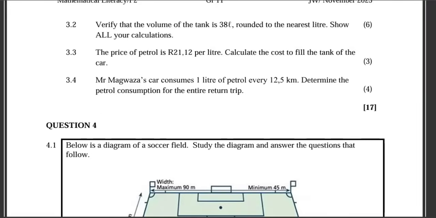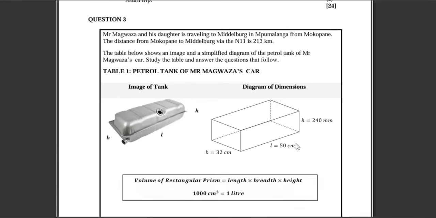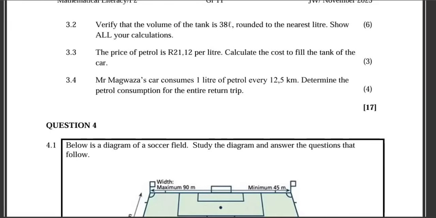So remember, when you look at the tank here, these are millimeters. Everything has to be in the same units, in centimeters. So when you divide this by 10, we end up having our height as 24 centimeters. Perfect and lovely. Let's come to our question. The volume of the tank.